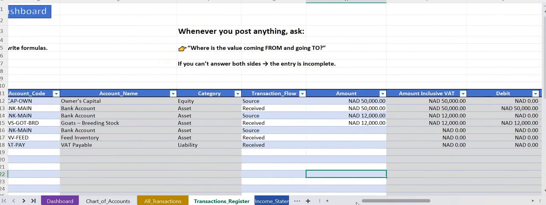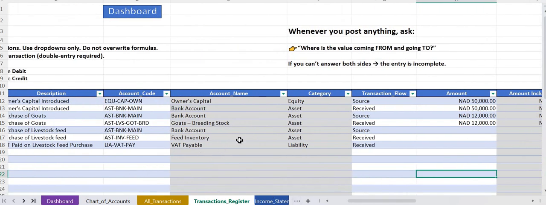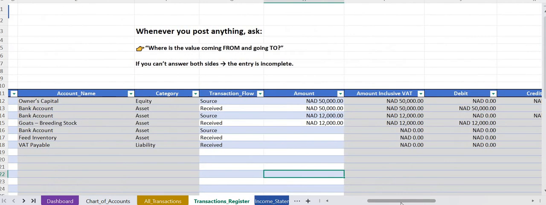So that is the amount that is on the label that you pay without tax. You put it on the first recipient account, which is the feed inventory. So feed inventory cost me 3,000.